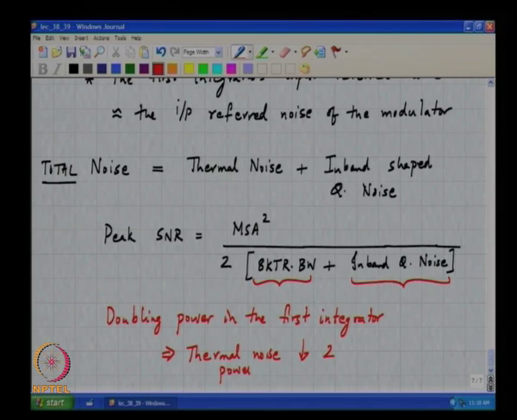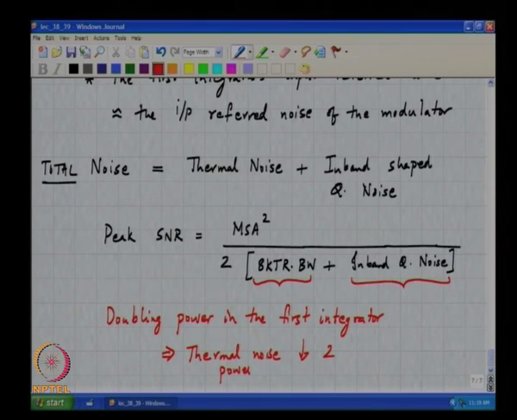One can also keep the thermal noise fixed and reduce the in band quantization noise, all right. And how will one do this? There are many ways of doing this. You either increase the order or increase the out of band gain or a combination of the above, and therefore the in band quantization noise can also be varied.